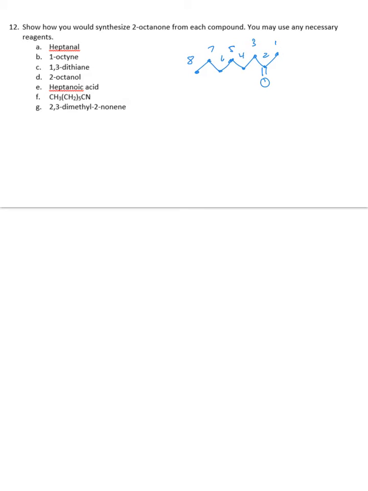Okay. So from heptanal. So we have 1, 2, 3, 4, 5, 6, 7. Heptanal. To go from heptanal, we need to add a methyl group. So we can do this using methyl magnesium bromide.